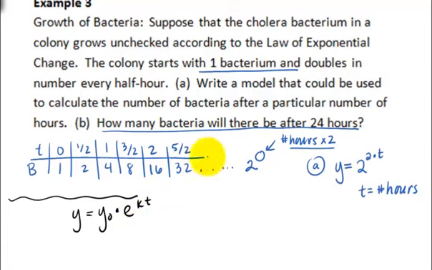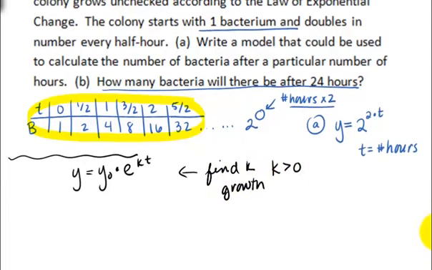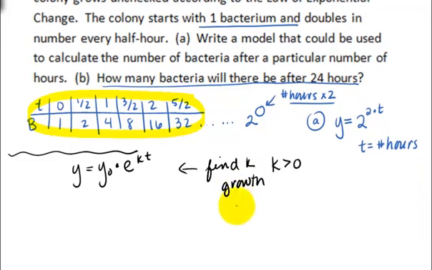Well, we're going to show you. You can use the information that we derived up here from the situation to get a few points, because what we need to do is figure out what our constant, or our k, is. So we need to find k, and in this case k is going to be greater than 0 because we have growth. So to do that, we know our starting amount, or our y naught, was equal to 1.